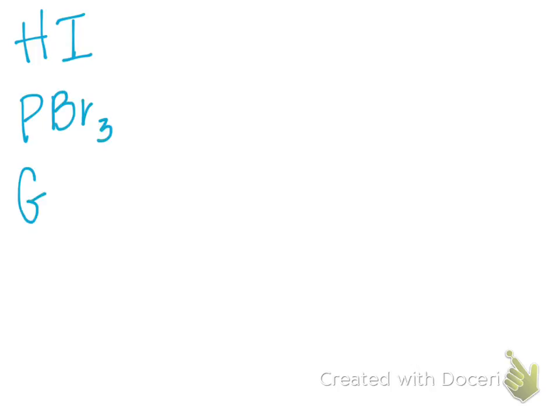And we're going to tell, is it ionic, is it covalent, or is it an acid? So now when we talk about these, I want you to first identify, is it an acid or a covalent or an ionic, and then I want you to name it correctly.